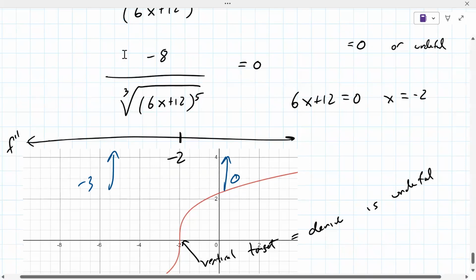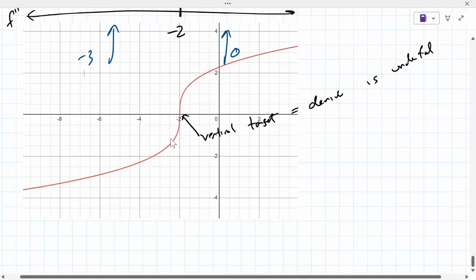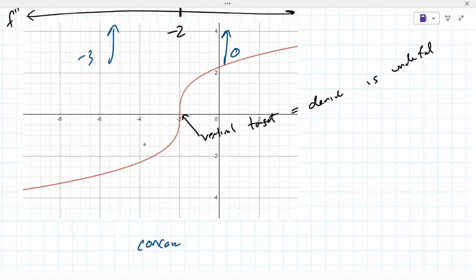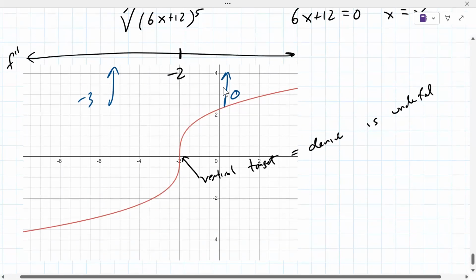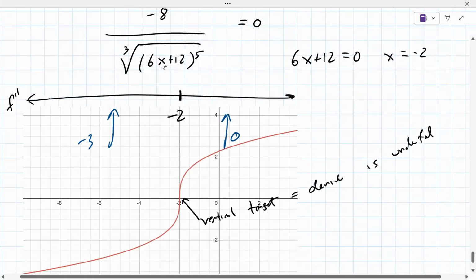Now you can sort of visually do this, because we have the graph here, you can see that this is concave up. Did you guys talk about the idea that concave up holds water and down does not? But it works through testing points. Like if you test -3 in here, and you probably would need a calculator, you'd have to be really good with knowing signs. This is concave up, this is concave down, like that.